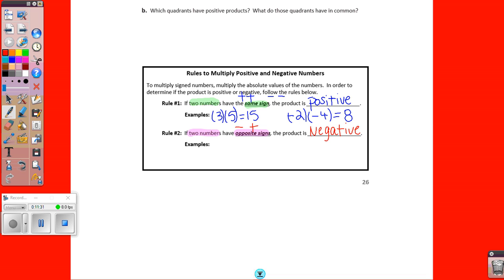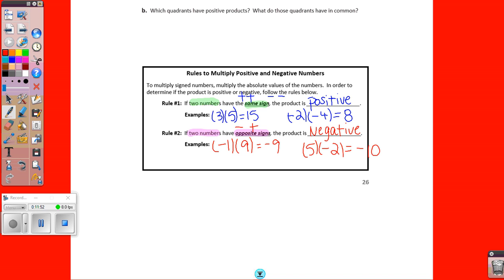Okay, and we can model some examples here. -1 times positive 9 is equal to -9. Or we could say positive 5 times -2, that is equal to -10. So those are just a few examples.